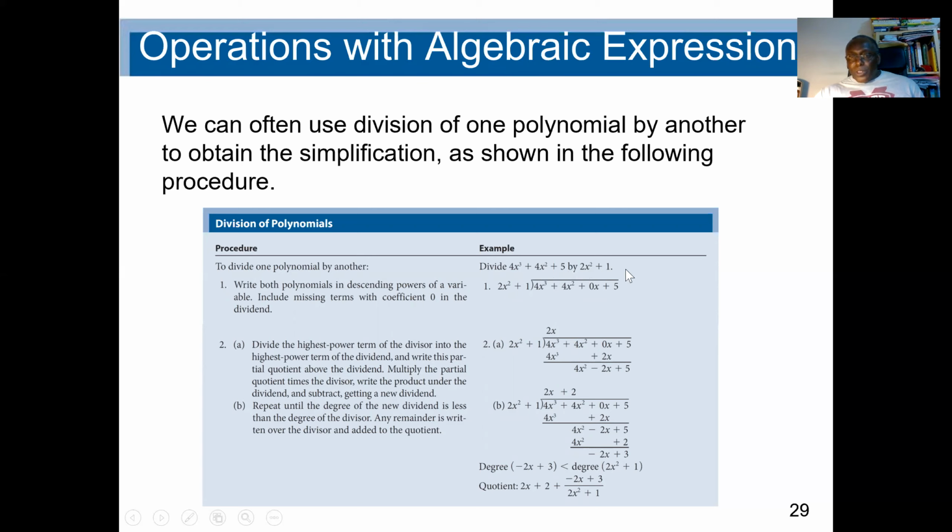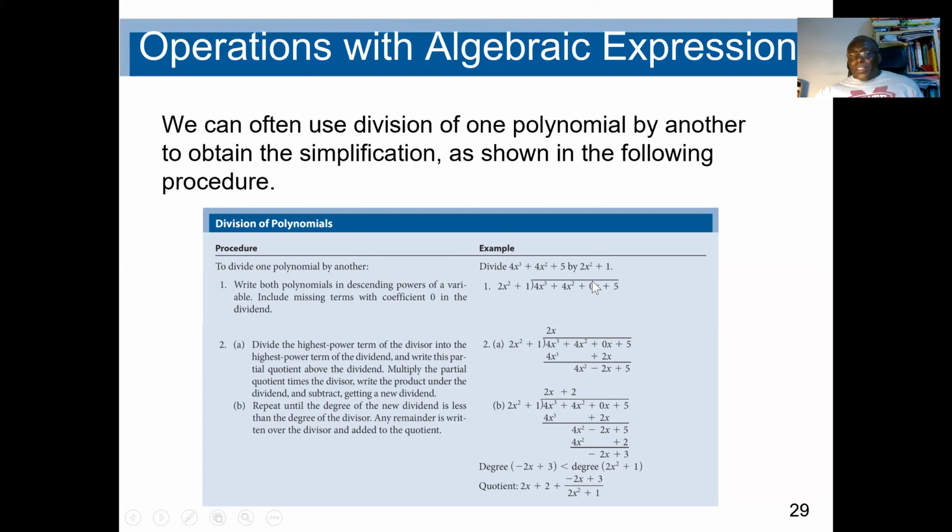So this is my denominator, 2x squared plus 1. So it will be 4x cubed plus 4x squared plus, I'm adding 0 here because we want to have a decreasing order of the exponent. So from 3 to 1, then the constant value.